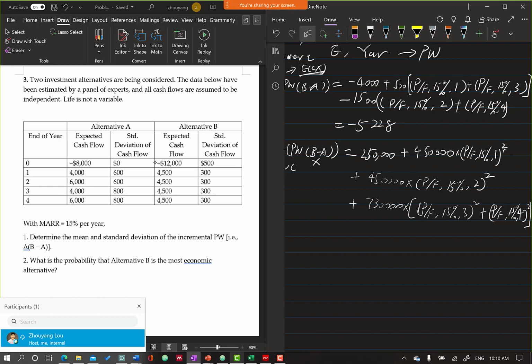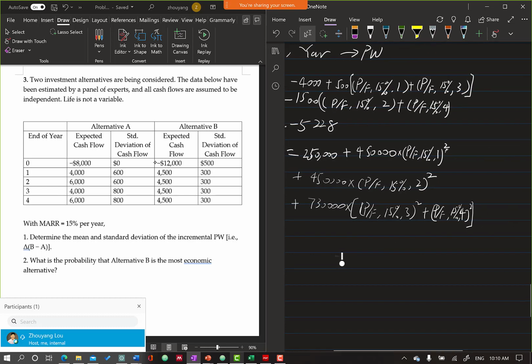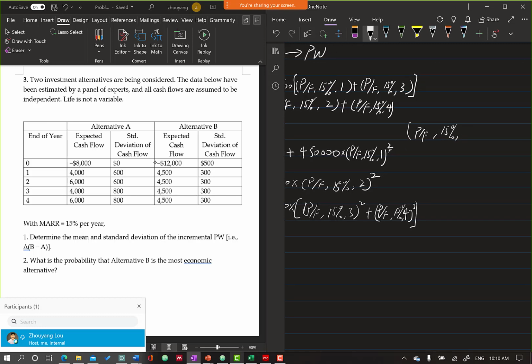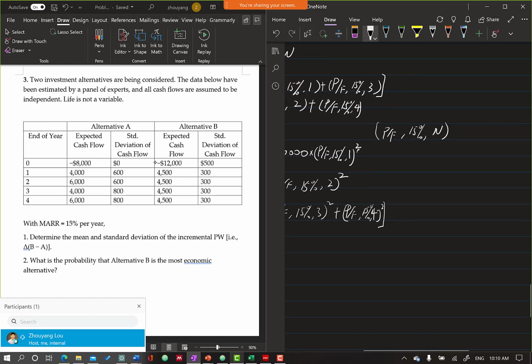Just another reminder. The p given f factor is actually written in this form, 1 plus 15%, to the power of the number of years.